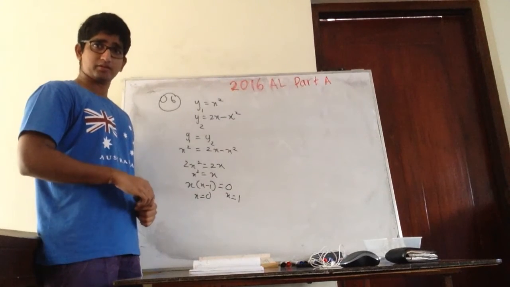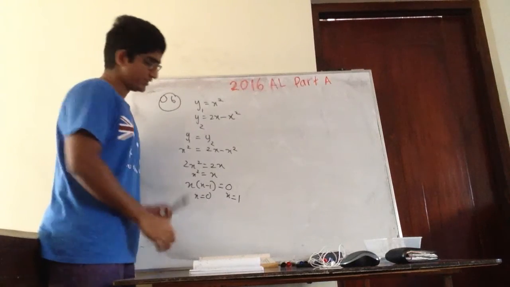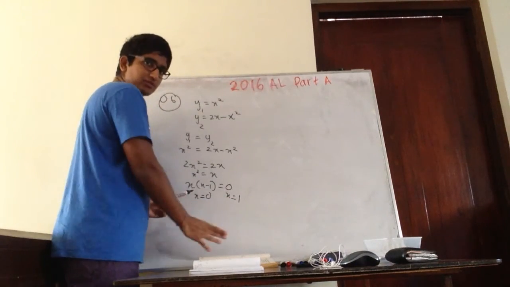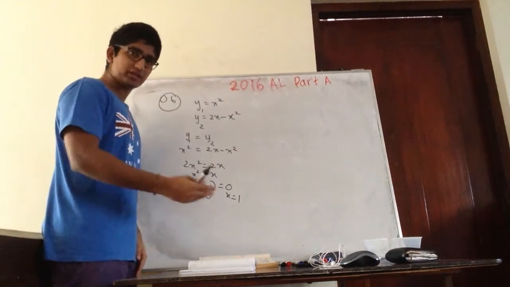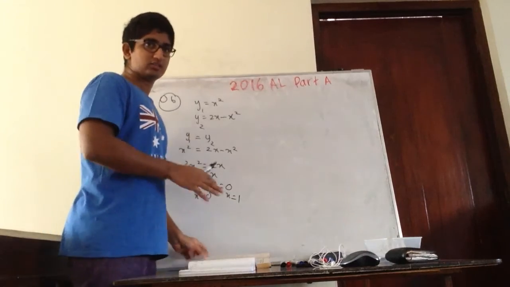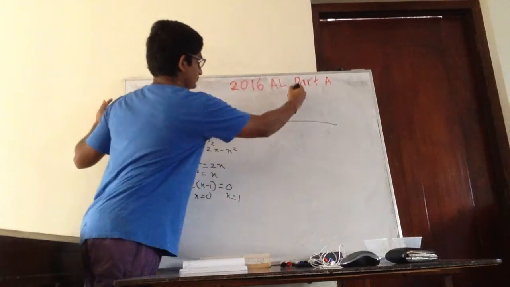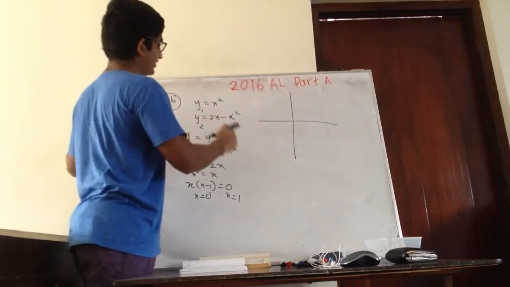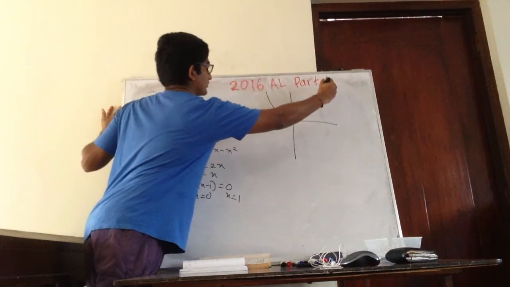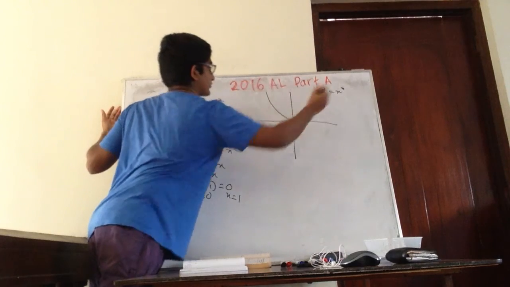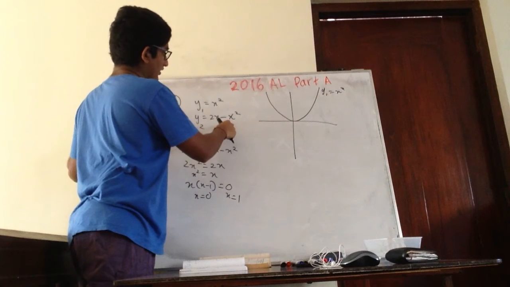Right? Okay. So now you can get the answer just by taking the limits of this. But for you all to have this more clear, I'll draw the graph. This is not necessary, yeah. So this is y1 equals x squared. So let me go like this. Then the other one is 2x minus x squared.